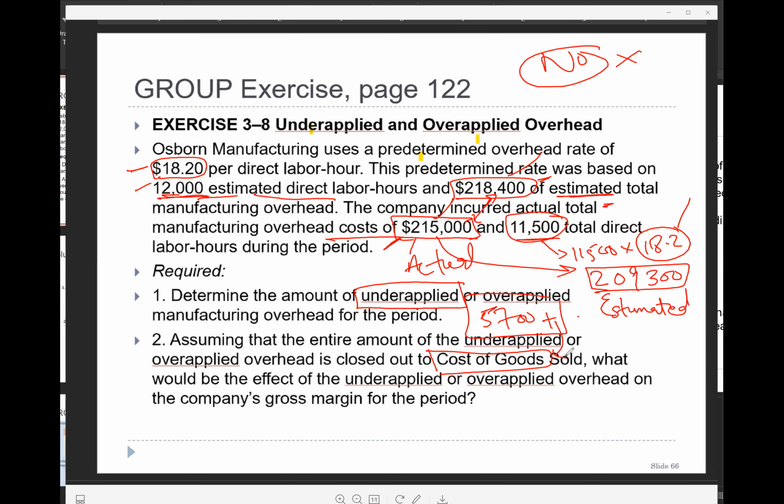When cost of goods sold rises, what happens? Our gross margin is going to decrease. Okay, understand? Yes.